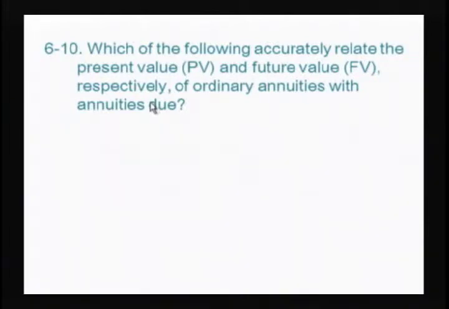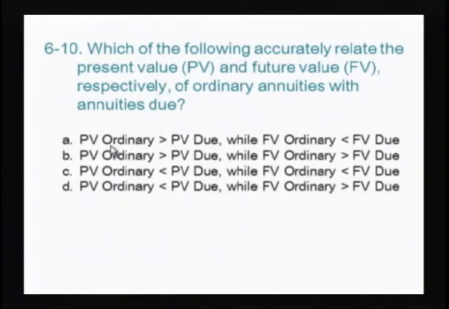For a future value, the annuity due is worth more because you invest the money sooner and it will earn 1 period more interest. So in each case, the annuity due is going to be worth more than the otherwise identical ordinary annuity, and that is choice C. The present value of the annuity due is greater than the ordinary annuity. The future value of the annuity due is greater than the ordinary annuity.